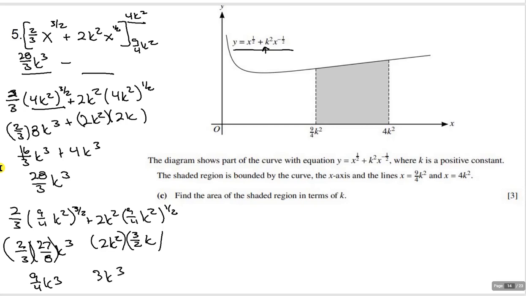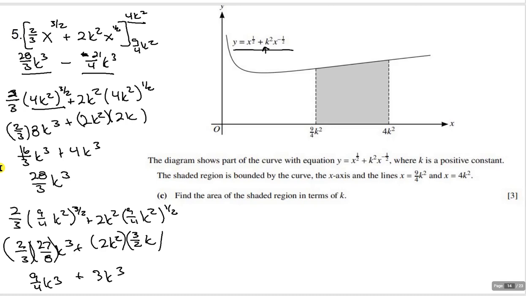And again, we're adding those. So when I put those together, I'm going to get 21 fourths k to the third. And see, now all I'm going to do is subtract those.